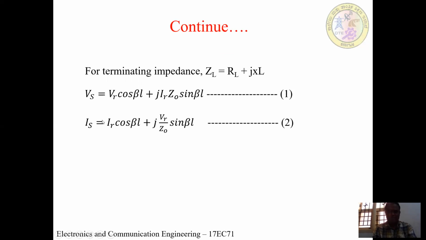Similarly, IS is given as IS = IR cos βL + j (VR/Z0) sin βL. Here L represents the length of the transmission line, the total length, where Z0 is the characteristic impedance of the transmission line, IR is the reflected current and VR is the reflected voltage. So with respect to IR, VR and Z0, we express VS and IS in equation 1 and equation 2.